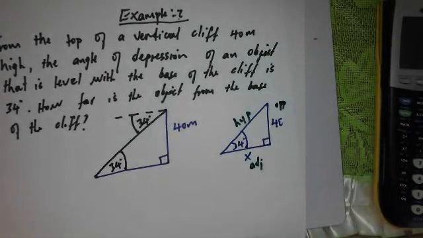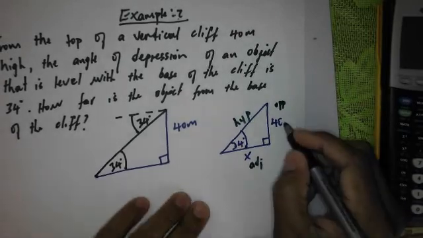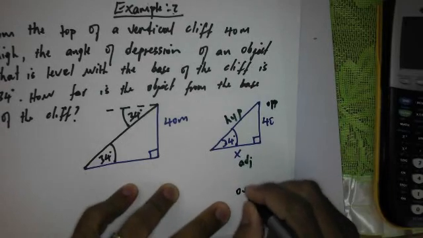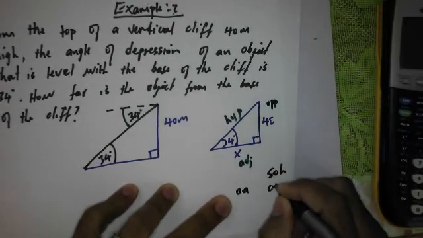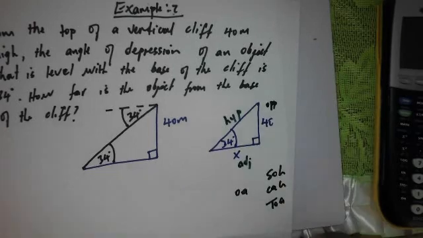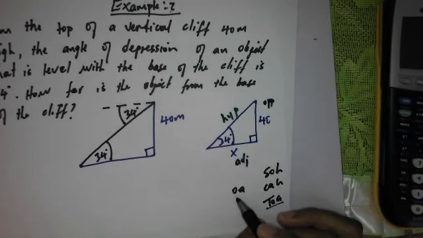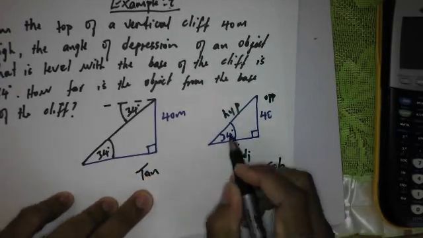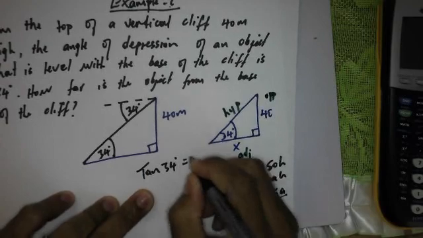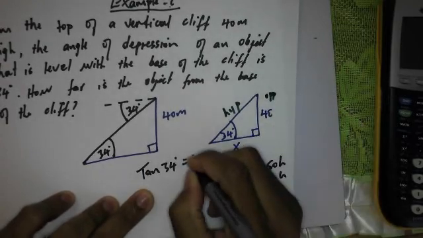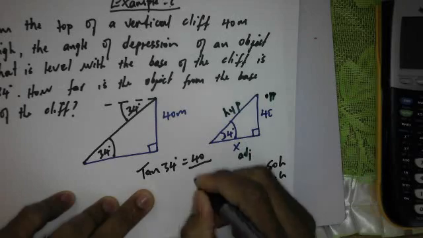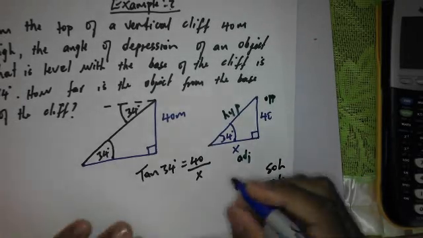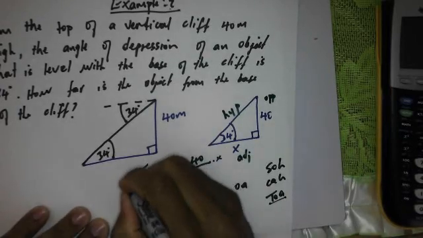So, they gave us the opposite side, so I write O. They asked us to find the adjacent side, I write A. And if I go back to my SOH CAH TOA, I realize that tan is the one ending with O and A. So it would be tan theta, in this case 34 degrees, equals opposite, which is the 40, divided by adjacent, which is x. Again, I want to get rid of that x from the denominator there, so I multiply both sides by x. Alright?